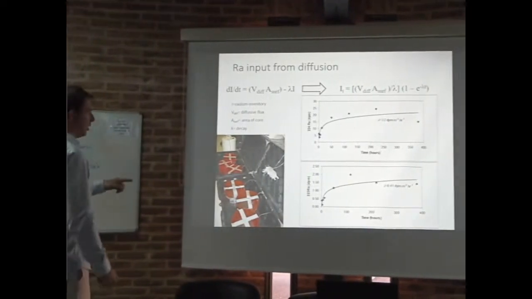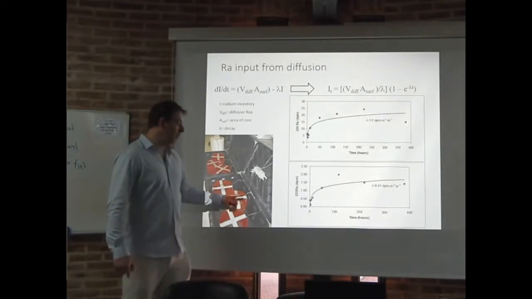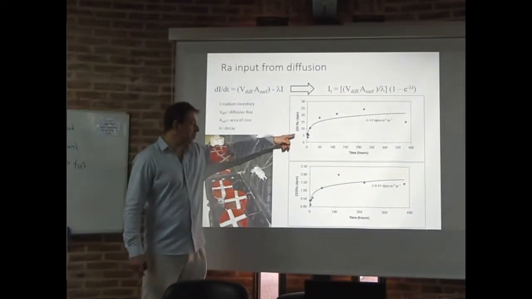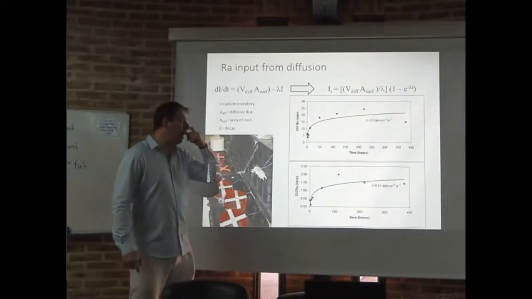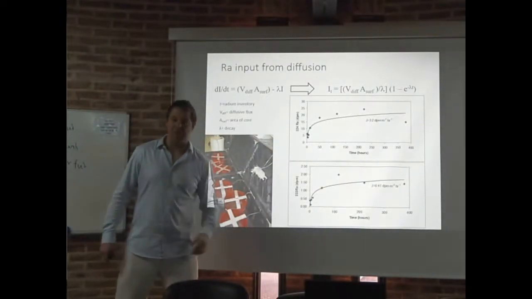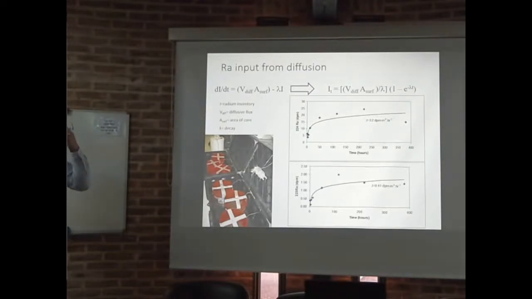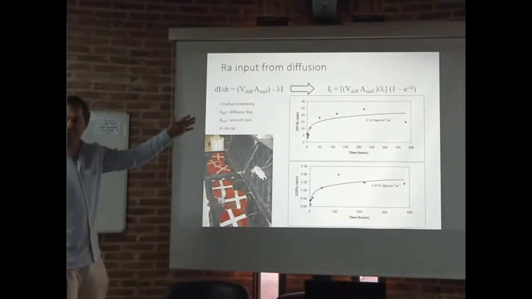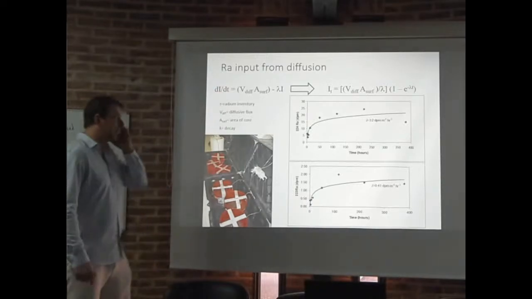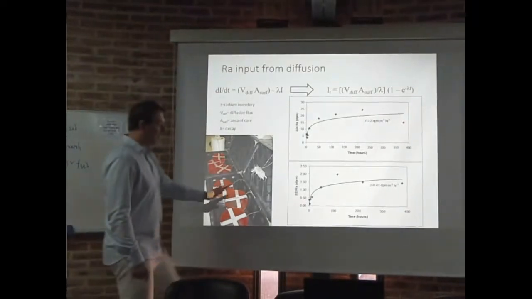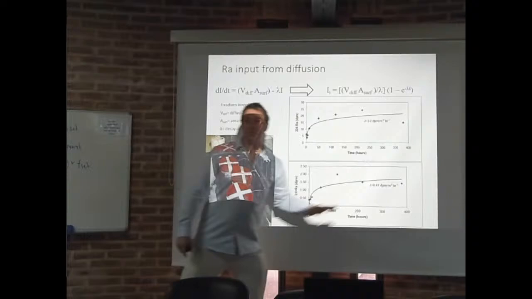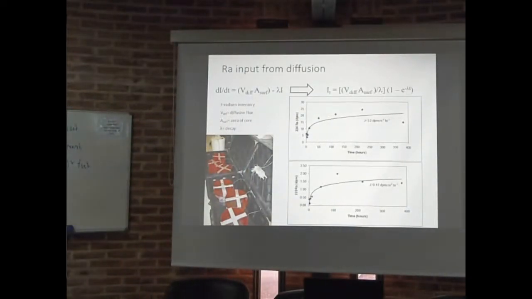And then we measure the radium in the water essentially every few hours for a couple weeks. Maybe a little less than every few hours. In the beginning, more frequently, and then over time. And you try to figure out this curve, and that gives you your diffusion coefficient.